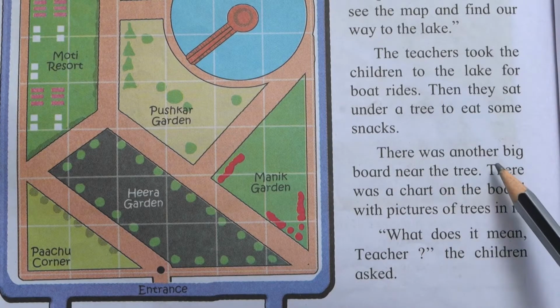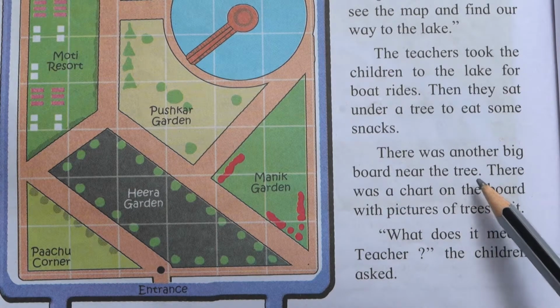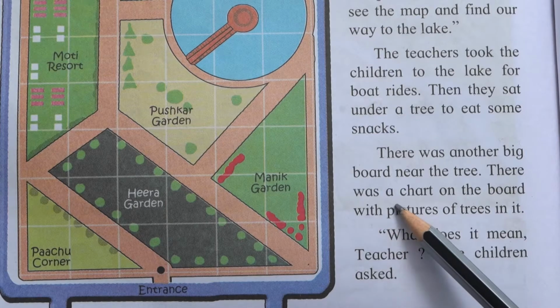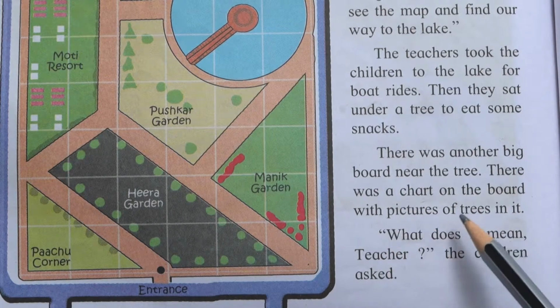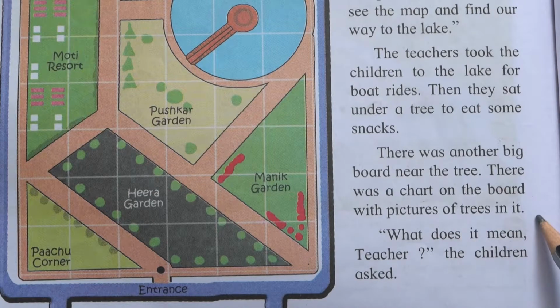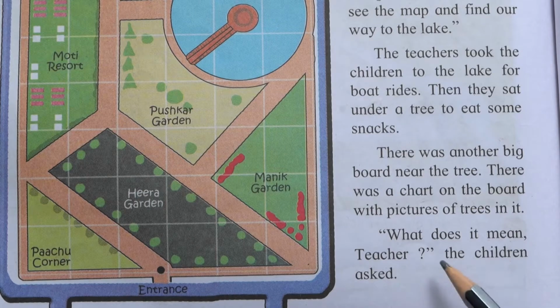There was another big board near the tree. There was a chart on the board with pictures of trees in it. What does it mean, teacher? The children asked. On the tree, the children saw a chart.